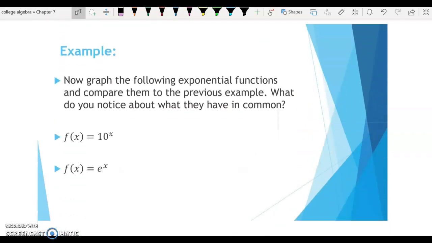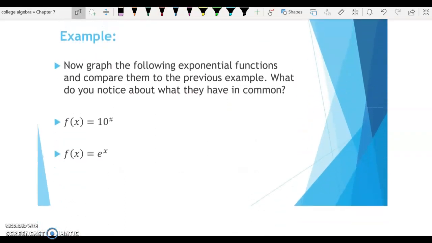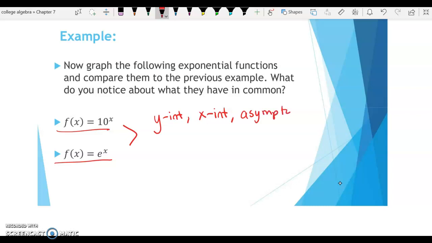What I would like you guys to do, on a piece of paper, is graph it on a graphing calculator or Desmos, but I want you to answer the other questions. So for these two, I want you to find the y-intercept, the x-intercept, asymptote, increasing, decreasing, and I want you to find domain and range.